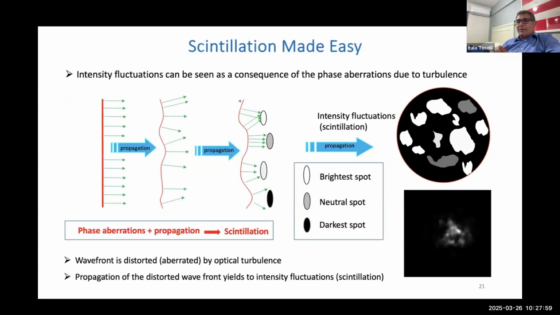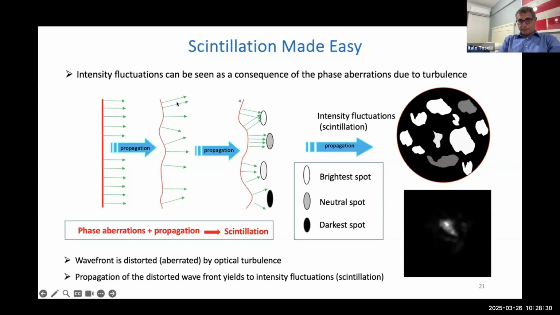But let's try to understand the physics behind scintillation, why it happens in turbulence. Think about a flat phase, here on the left. Let's suppose you have a plane wave, or you look at the middle of a huge Gaussian beam, whatever; you can approximate it with a flat phase, and this phase starts to propagate through turbulence, and you see that it starts to get aberrated.